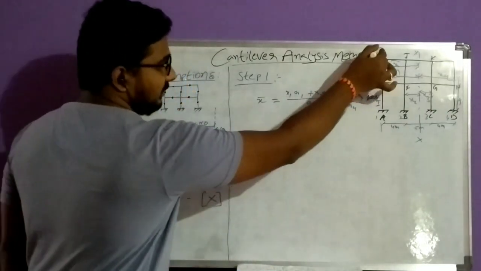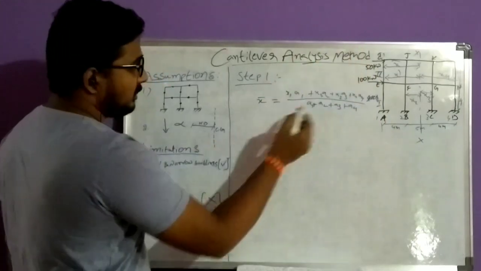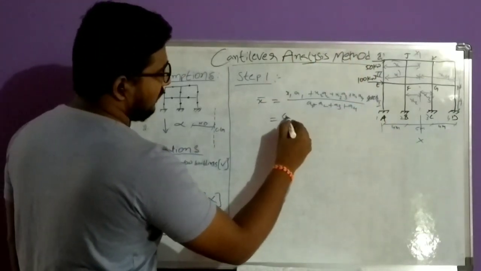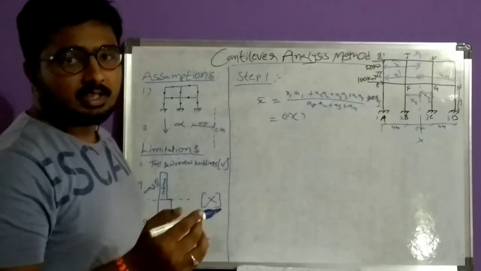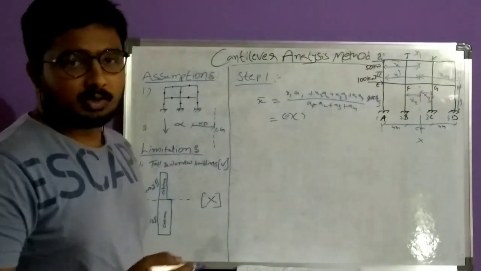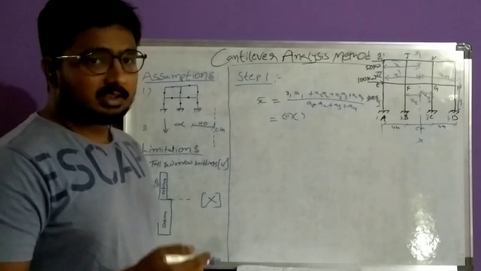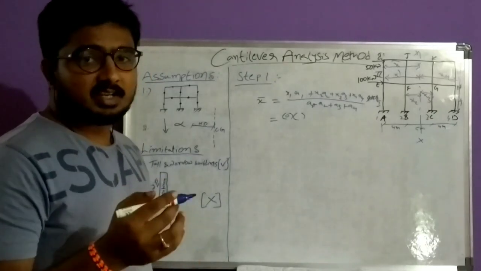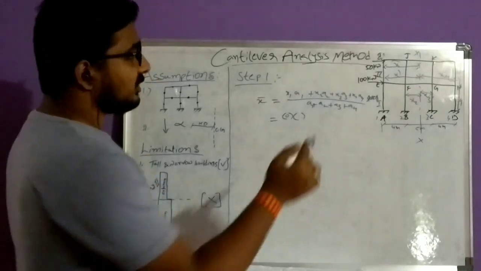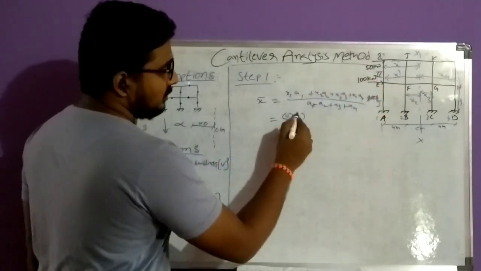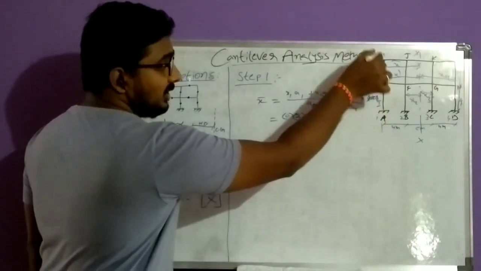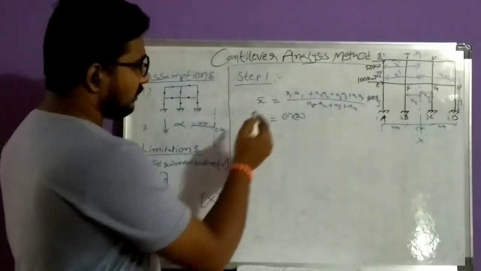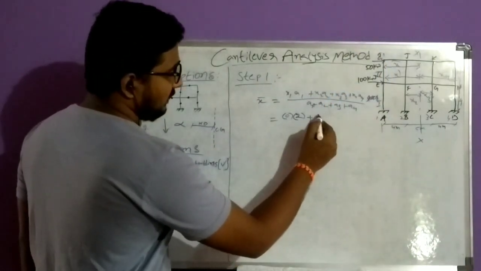So we are taking the first column as the reference, so the distance of the first column is 0. What area of cross-section do we have to consider? In this method, we consider each and every column area as unity. Here we have two columns, so the value will be 2, the unit area for this column and the unit area for the column above. So we consider unit area in this method.